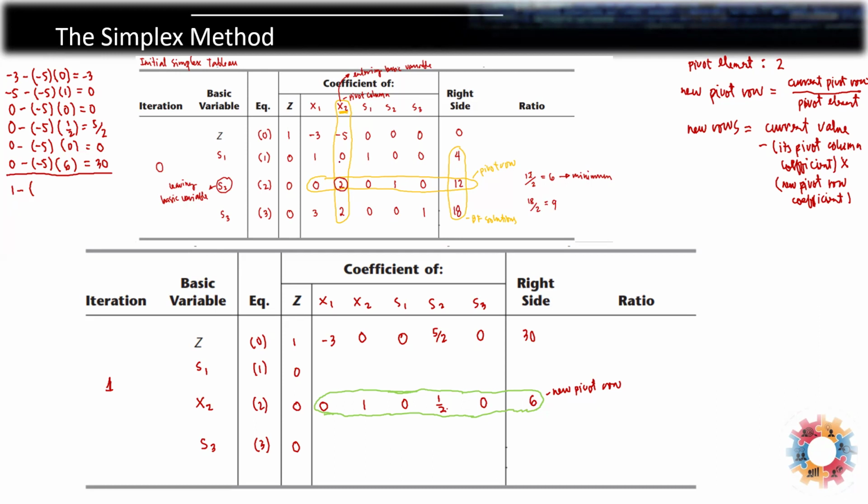Its pivot column coefficient is now 0, because we're talking about the second row, and the coefficient corresponding to the pivot column is 0. So 0 times the new pivot row coefficient, which is 0. So this is equal to 1.